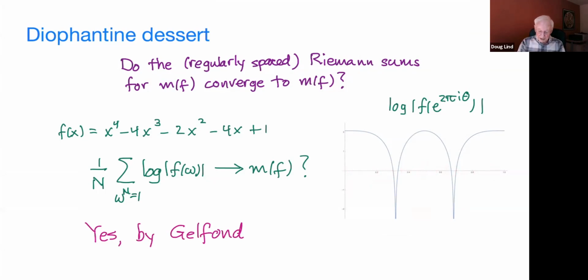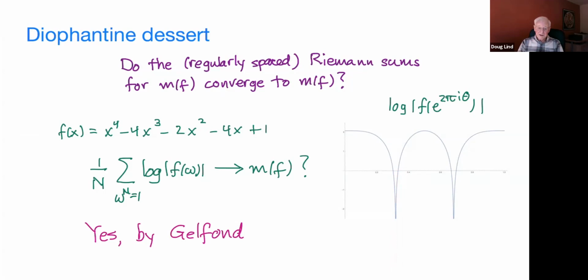See, what can happen is one of these roots of unity could be incredibly close to the singularity, and then log of that could be incredibly negative. And if it's incredibly negative, it could throw off the Riemann sum approximation. In fact, in principle, some of them could be close to minus infinity.